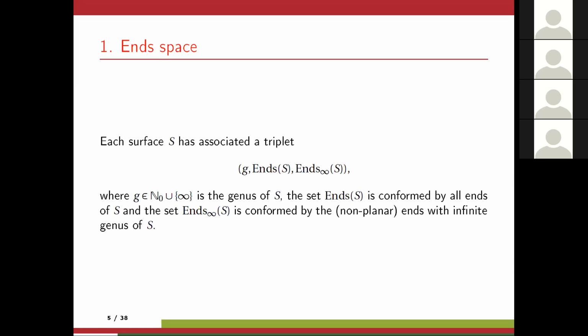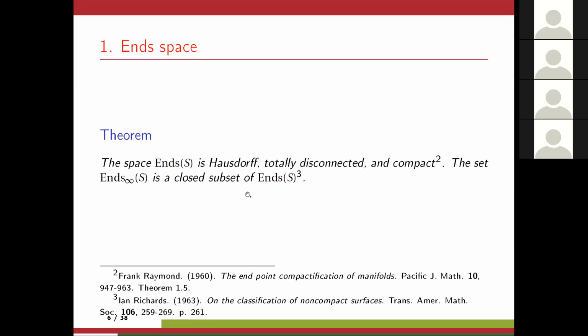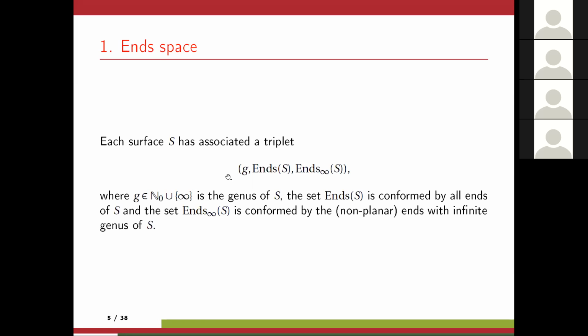We can give a topology to the set of ends of a surface. This topology is a Hausdorff space, totally disconnected, and compact. Moreover, the set of ends having infinite genus is a closed subset of the end space of the surface. This triplet is the topological invariant of each surface.